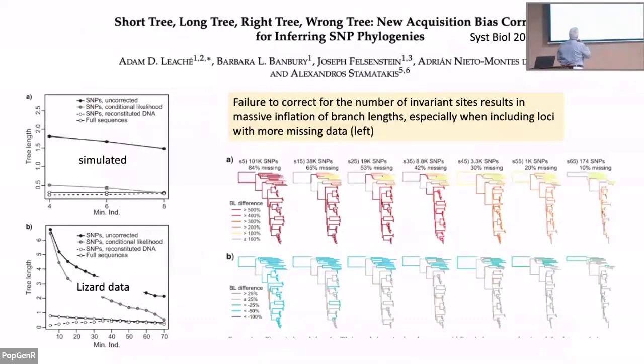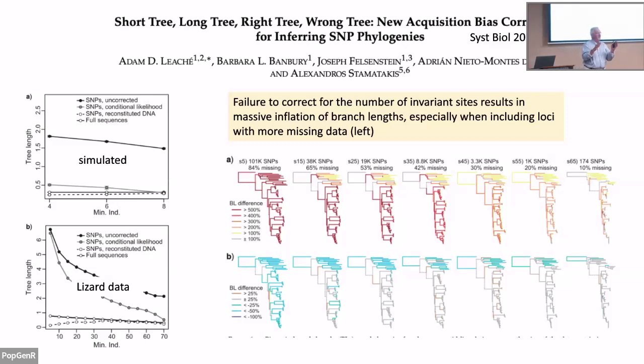Okay, the very last thing is, that's all about topology, this sort of sequence of divergence events. What if you're interested in branch lengths? And we often are for macroevolutionary studies, rates of speciation, all those sorts of questions. And missing SNPs can be really bad.